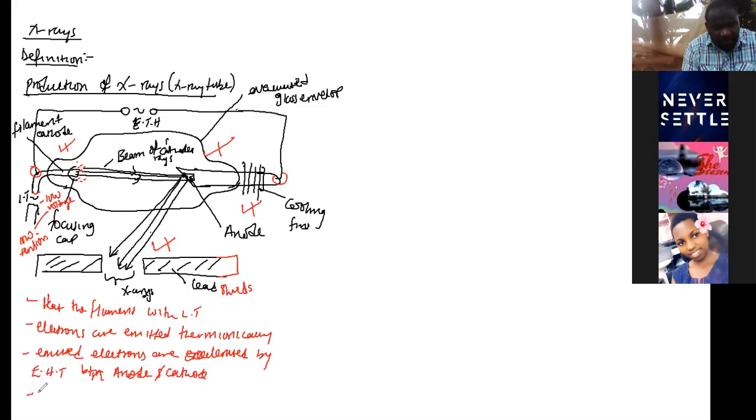Another one, when fast moving electrons reach the anode, a very small percentage of their kinetic energy is converted into X-rays.